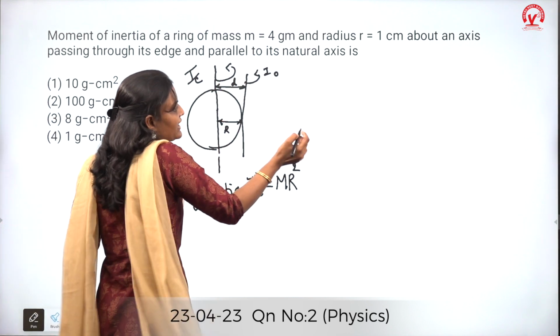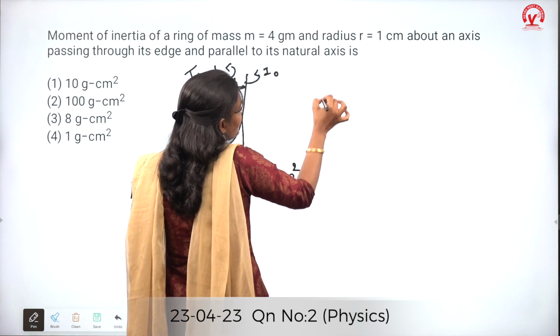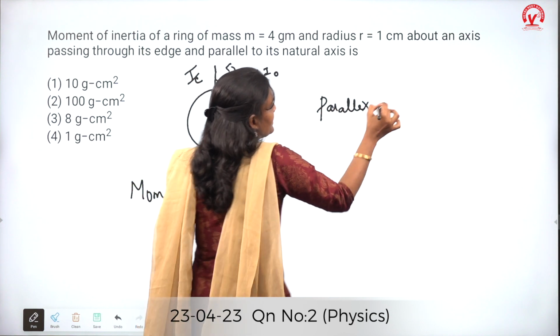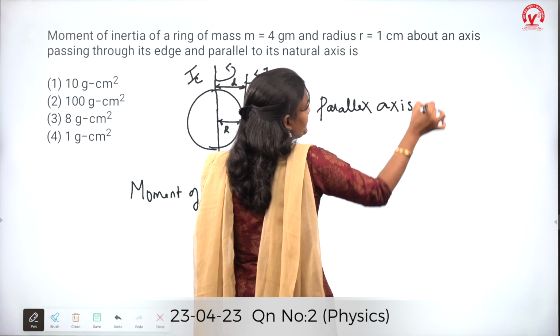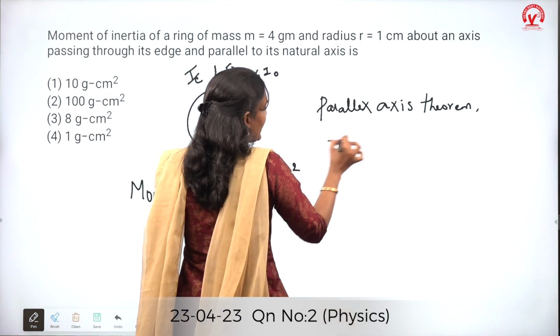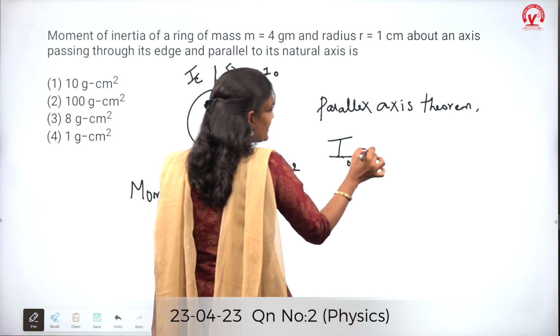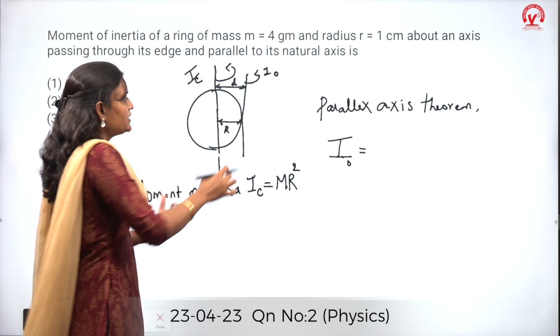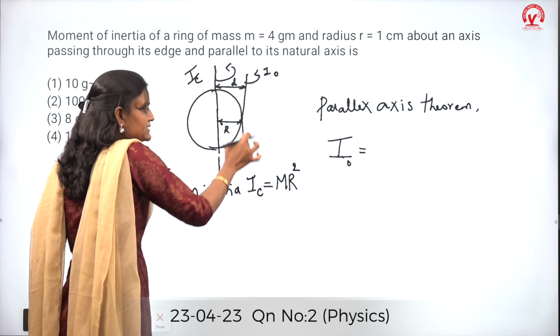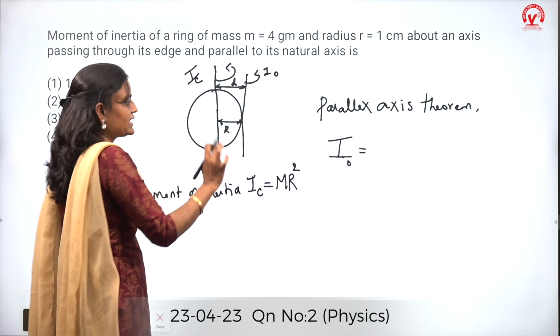Now, this is the parallel axis theorem. According to the parallel axis theorem, I0 is equal to, our aim is to find the moment of inertia of this ring for this particular axis.